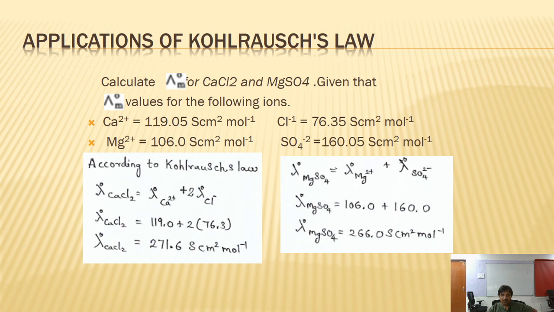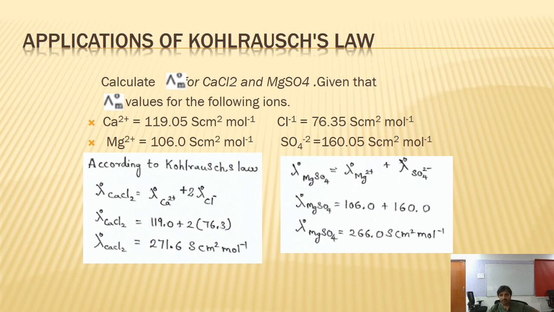First, calcium chloride. According to the Kohlrausch law, lambda naught CaCl2 is lambda naught Ca2 plus plus 2 lambda naught Cl minus. Substitute the given values and get the answer.